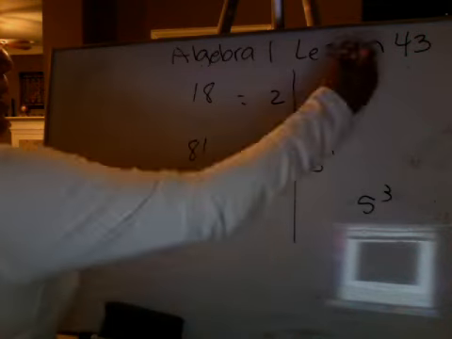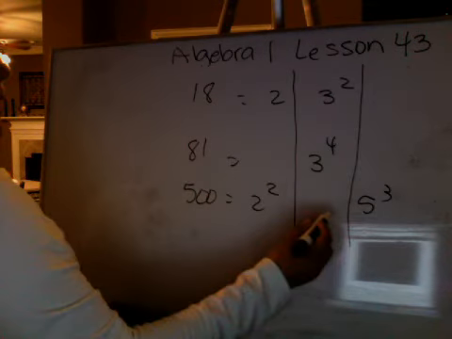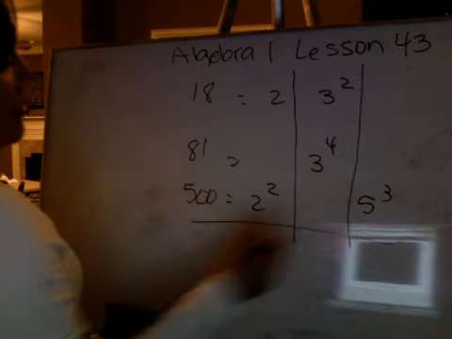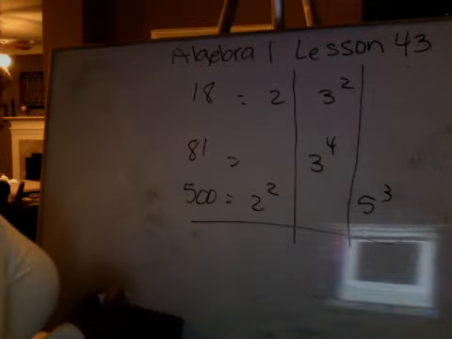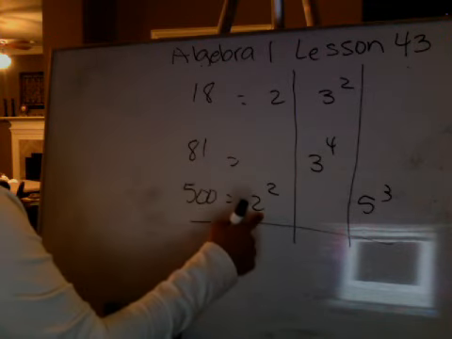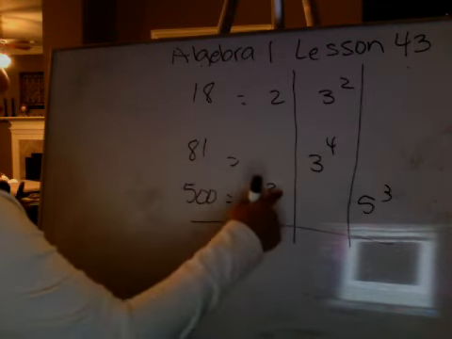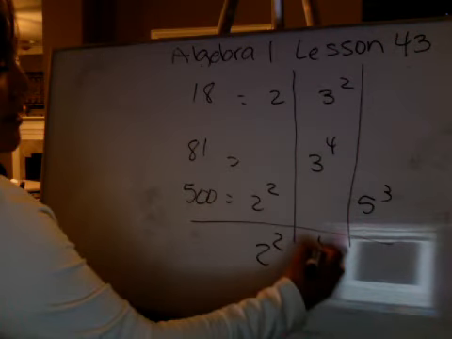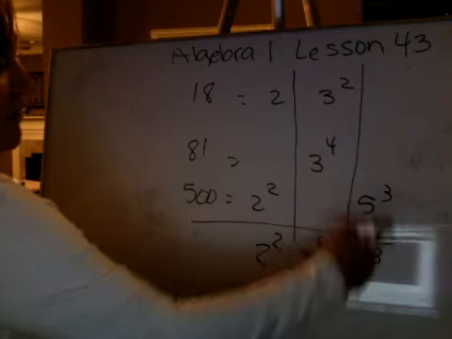Again, you're going to separate the different bases, put all the like bases together. So you've got 3 different bases, 3 different columns. This one is 2. What's the highest power? It's squared, so you're going to take out the 2 squared. This one is 3 to the 4th. And this one, you just have 5 cubed, so you will take it out.